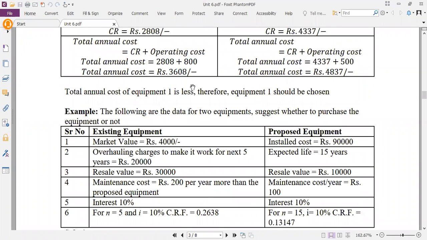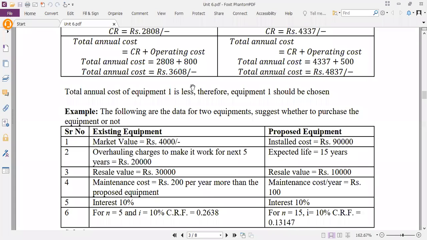Okay. Then one more example is there. The following are the data for two equipments; suggest whether to purchase the equipment or not. Existing equipment and proposed equipment. In the first example we took both equipments as new ones, but here there is a replacement. Existing equipment is right now with us, and if we purchase new equipment, then for the existing equipment the market value is 4,000 rupees.